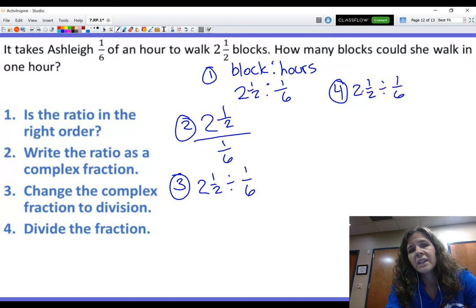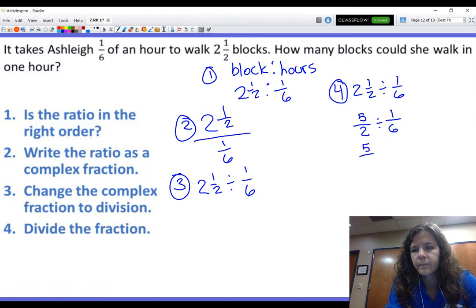So remember, we can't have mixed numbers when we're dividing fractions. We've got to change them to improper fractions. So this first term becomes 5 halves, divided by 1/6. That is already, it's not a mixed number, so it doesn't need to be changed to an improper fraction. Multiply the first times the reciprocal of the second.